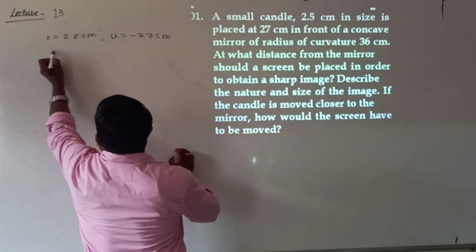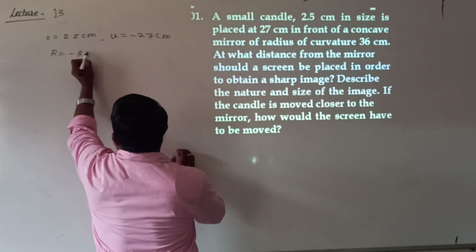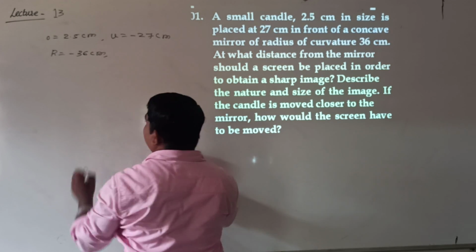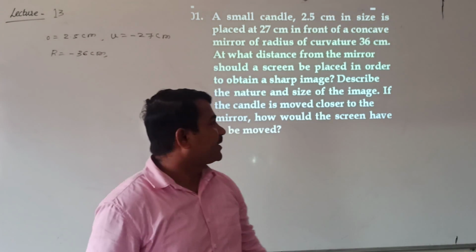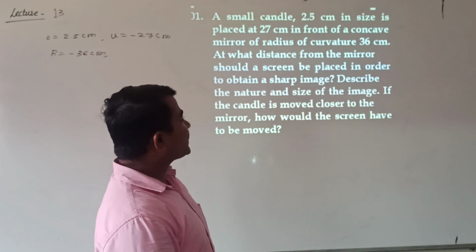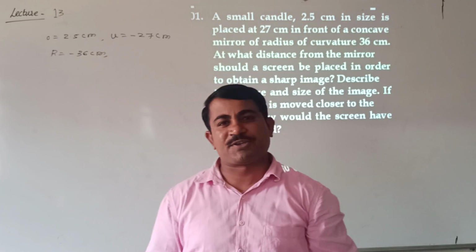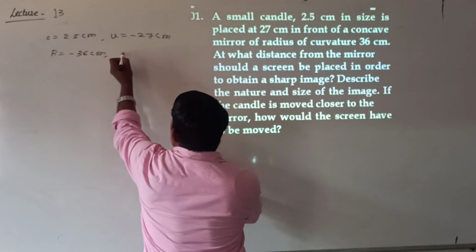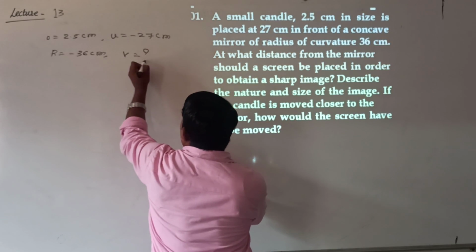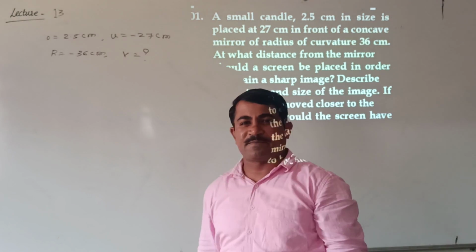Radius of curvature R is equal to minus 36 centimeter. What is asked? At what distance from the mirror should a screen be placed to obtain a sharp image, that is, the image distance.